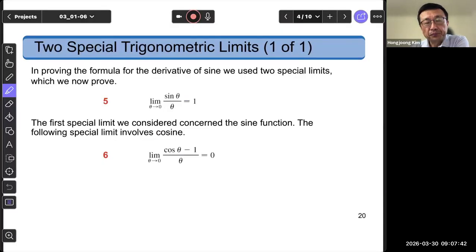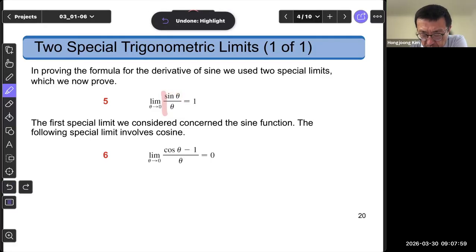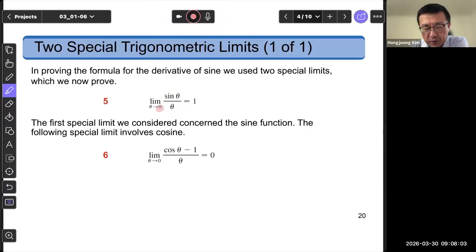When I derive those differentiation formulas for sine and cosine, I need to consider the limit of sine theta over theta as theta goes to 0. The limit is not 0, not infinity, but 1. Please remember this.